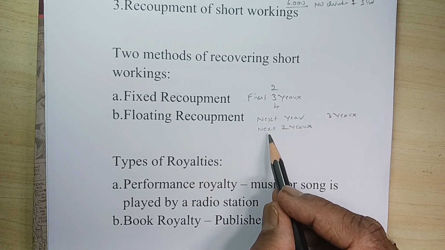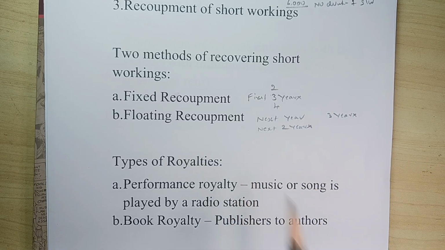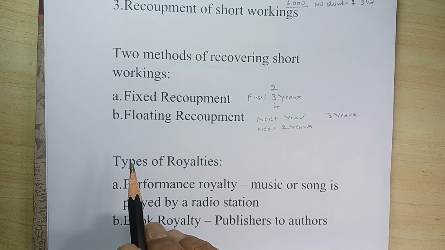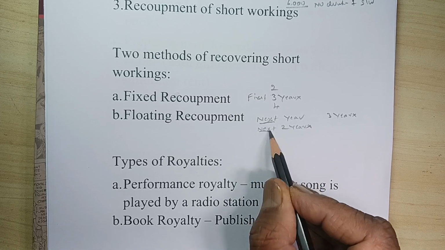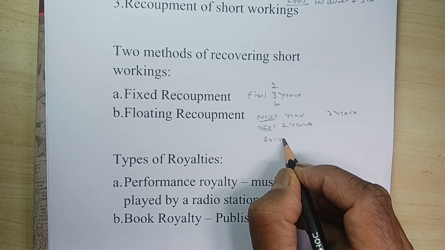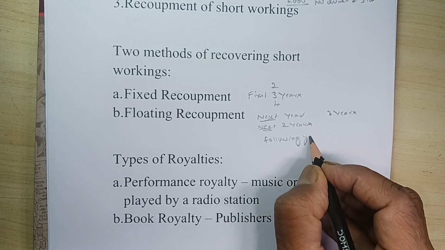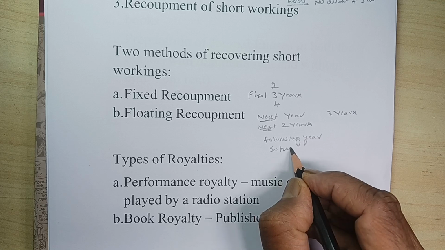Or he may say the next 2 years. It is very simple. That means if it happens in the first year, he can take the second year and third year. If it happens in the third year, it comes to the 4th year and 5th year. They may use the word next, or following year, or subsequent year.